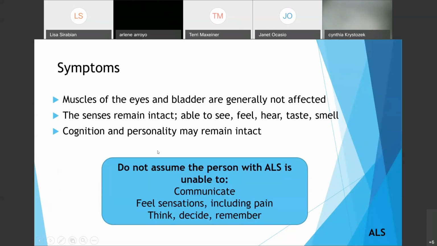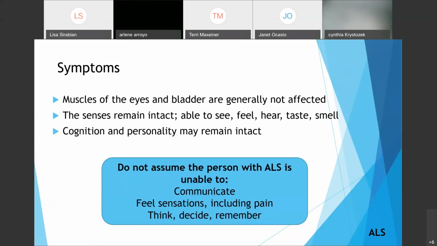So this is interesting. The muscles of the eyes and bladder are generally not affected. The senses remain intact, so they are able to see, feel, hear, taste, and smell, even in the latest stages. Cognition and personality may also remain intact. So we need to be really careful that we're not making assumptions about this person, that they are unable to communicate.